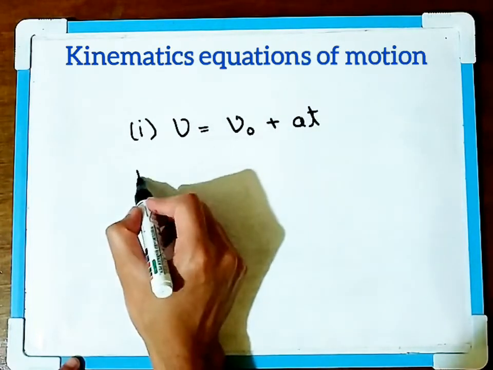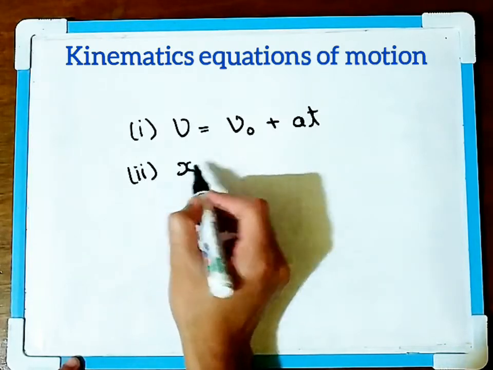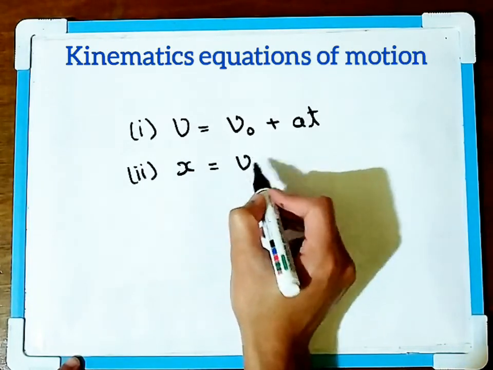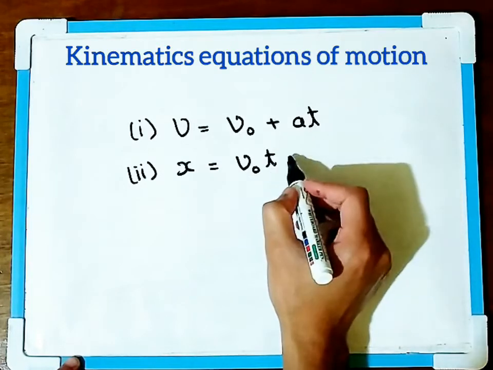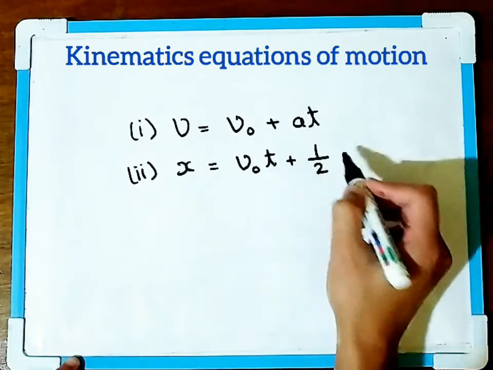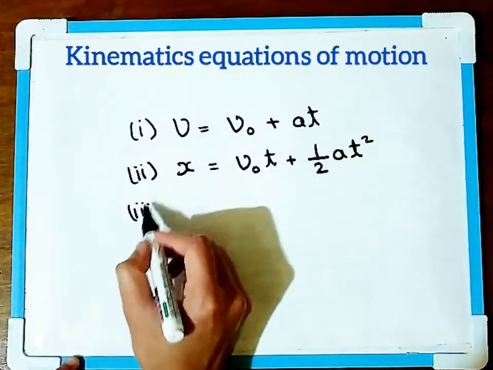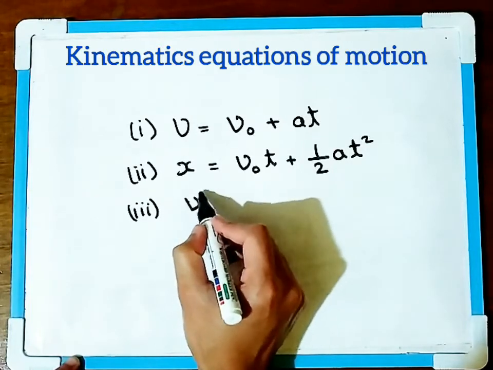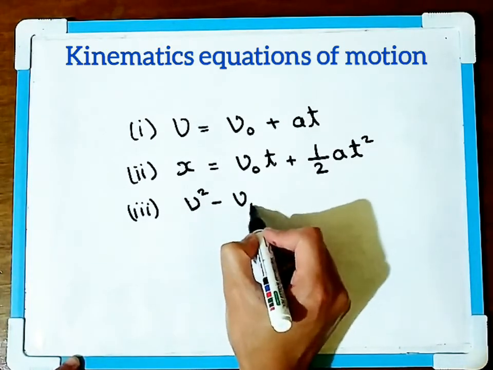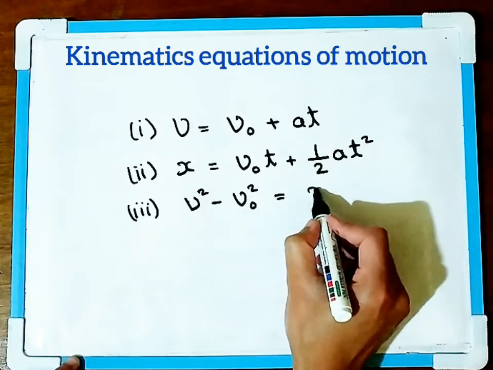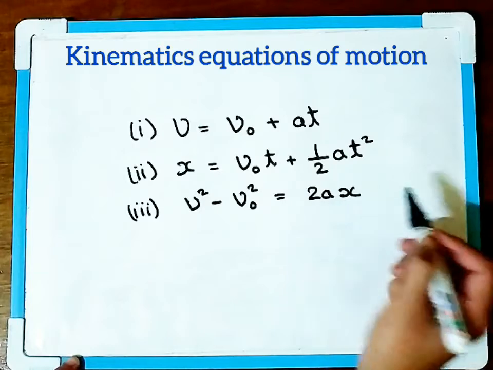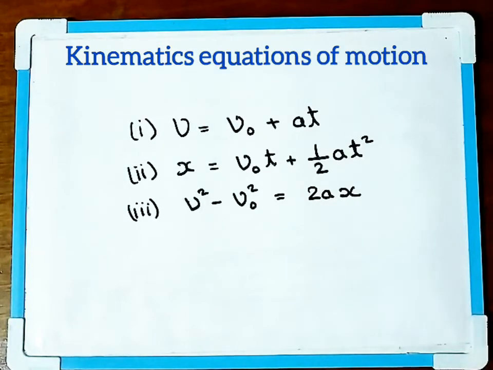The second equation is x is equal to v naught t plus half a t square, and the third equation is v square minus v naught square equal to 2ax.